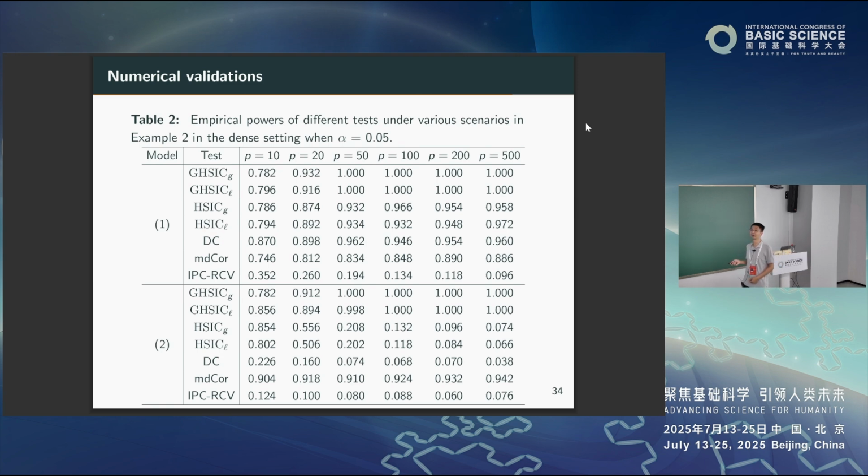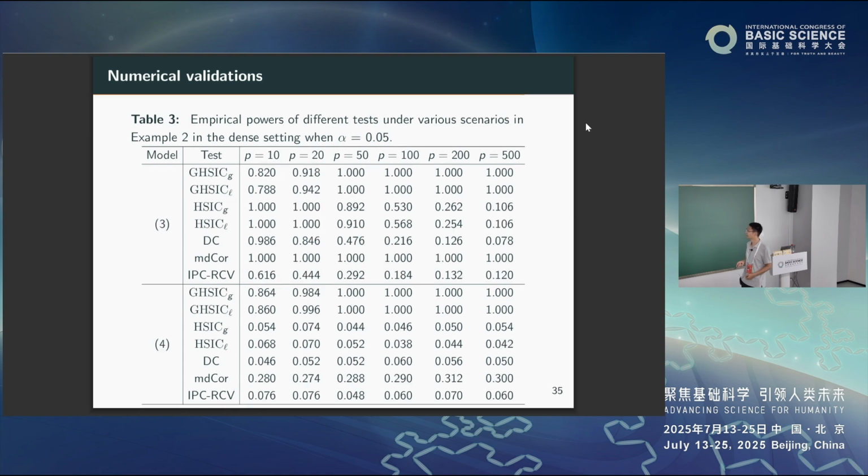However, when there is only a nonlinear dependence in the model, such as models 2, 3, and 4, only our method can maintain the empirical power at a very high level, and all other methods degenerate. The power drops significantly.